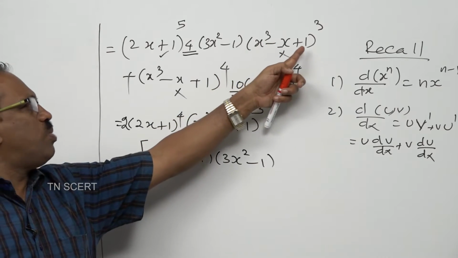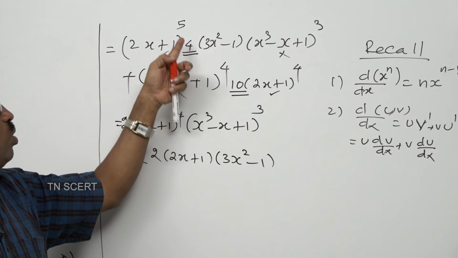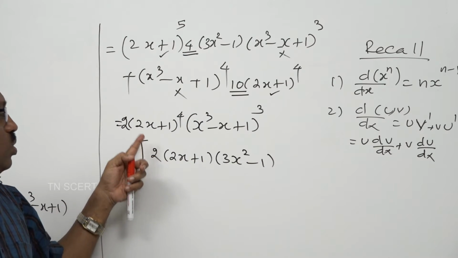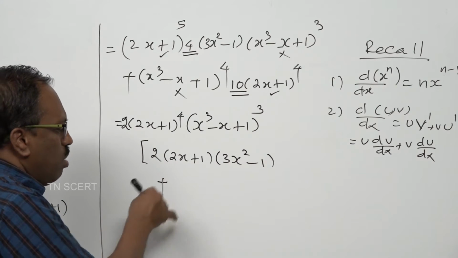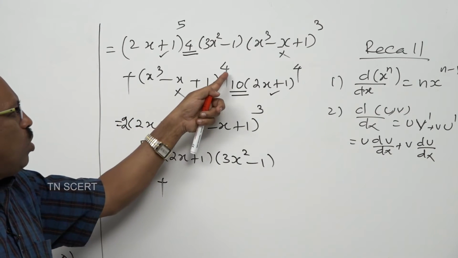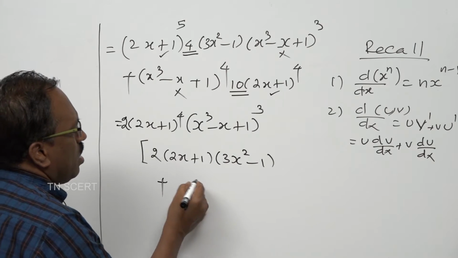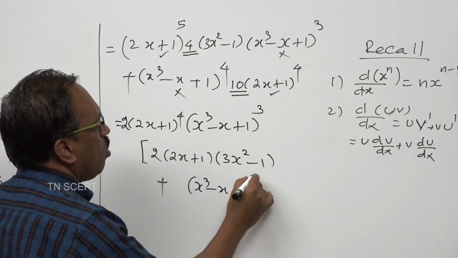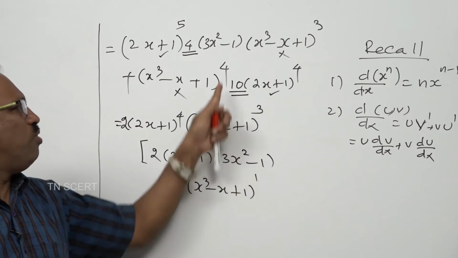x cube minus x plus 1 whole cube we have taken out, 2x plus 1 whole power 4 also I took out. So only this is the term inside, plus. Here x cube minus x plus 1 whole power 4, but 3 we have taken, so this part is x cube minus x plus 1 whole power 1, because already 3 is there, 3 plus 1 is 4.